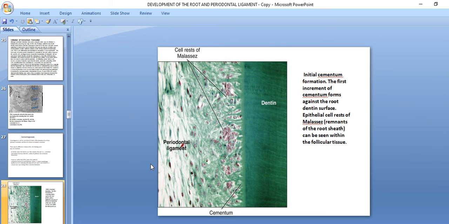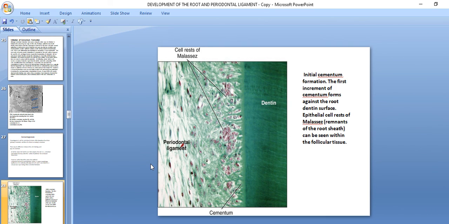This involves continued cell division in the apical region while the coronal portion disintegrates. The cells of the Hertwig epithelial root sheath form a circumferential surface onto which the first deposits of root dentin are apposed. In this way, it shapes the root.